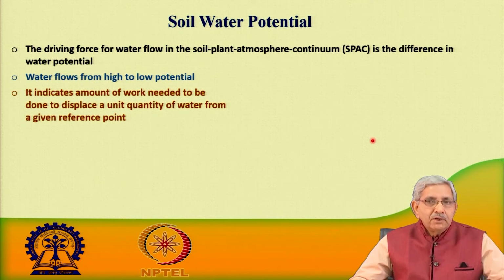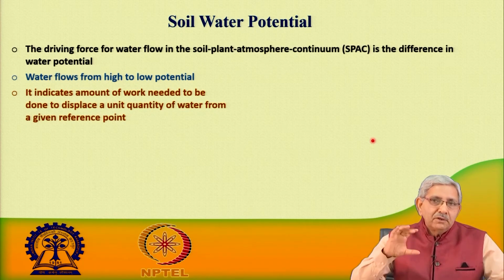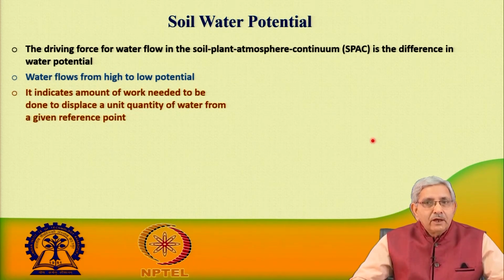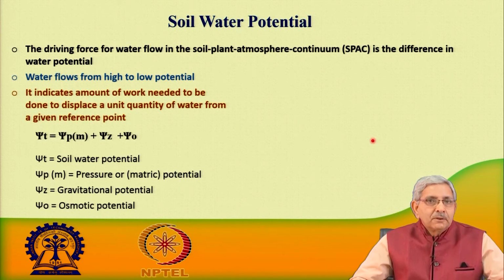So, if there is a saturated soil column, because of the capillary force, the water is moving from that particular reference point to a specific point. That is the amount of work which has been done to displace the water by the capillary force.